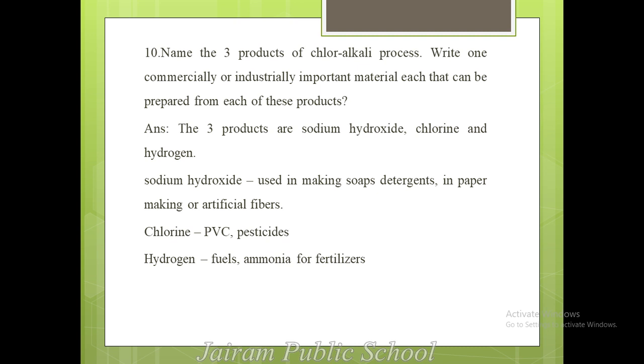So in a test tube you have to take 5 ml of dilute H2SO4 and add a few pieces of zinc granules, and next you have to observe what happened. Afterwards some bubbles will be coming out, the gas, right? So you have to check those bubbles which are coming out, and you have to take a soap solution in a beaker.